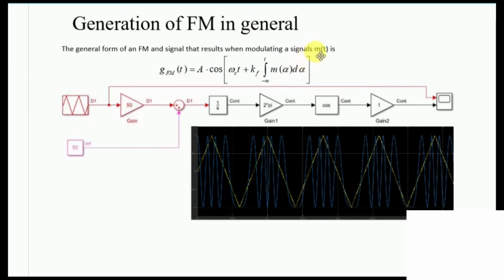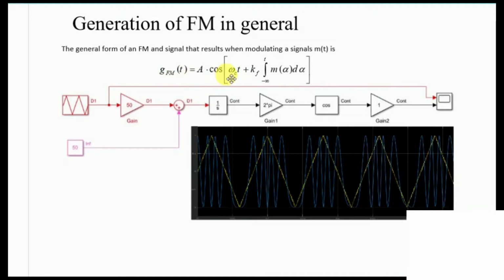Note that this message signal should pass through an integrator, be multiplied with a sensitivity constant kf, and then be added to the carrier frequency omega c. This whole thing is treated as the argument of the trigonometric cos function, which is then multiplied with the gain, and the whole of this is eventually the frequency modulated signal.